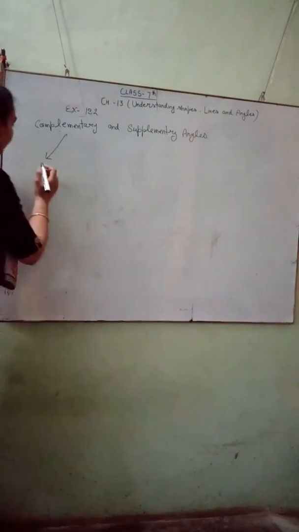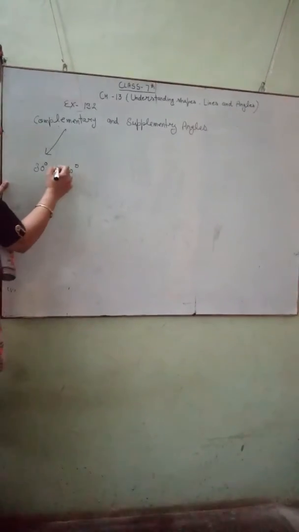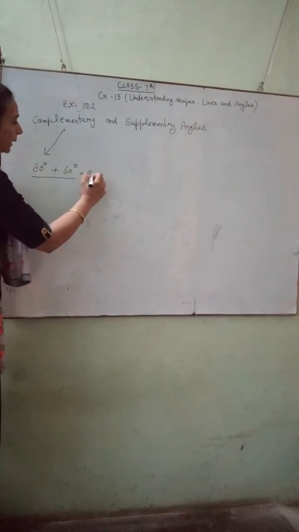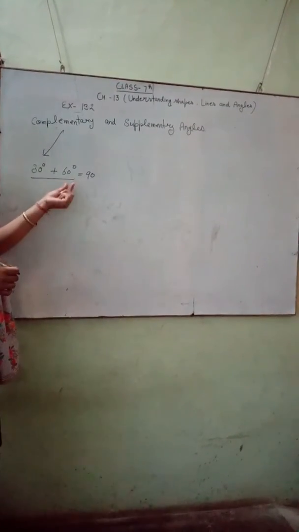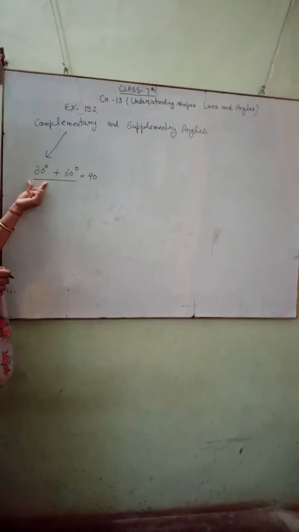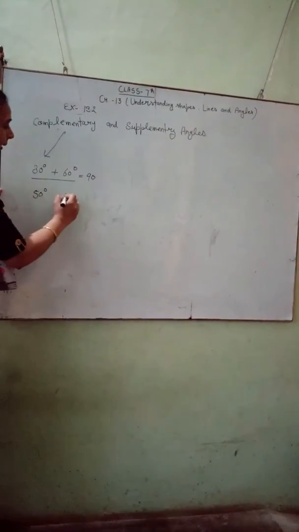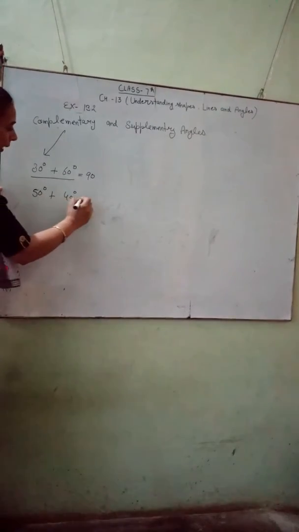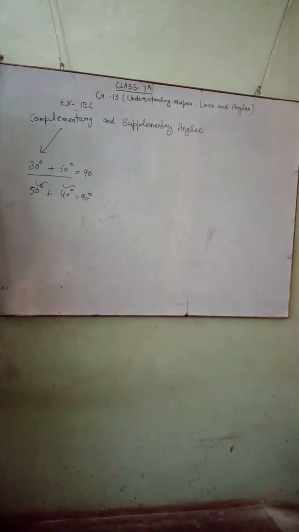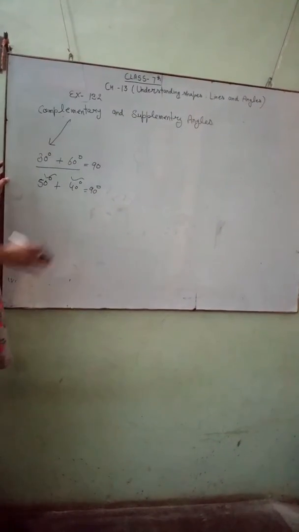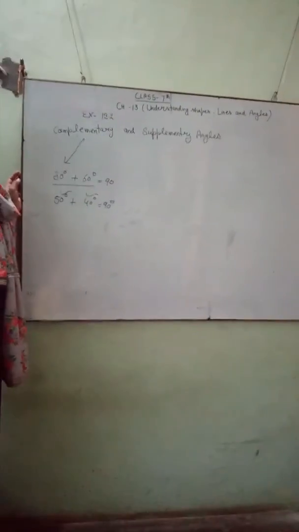For example, if we have an angle of 30 degrees and an angle of 60 degrees, the sum of these two angles equals 90 degrees, then 30 degrees is complementary to 60 and 60 is the complementary angle of 30. Next, if there is an angle of 50 degrees and an angle of 40 degrees, the sum equals 90 degrees, then 50 degrees and 40 degrees are complementary to each other. Clear, students? If the sum of two angles equals 90 degrees, then they are complementary.